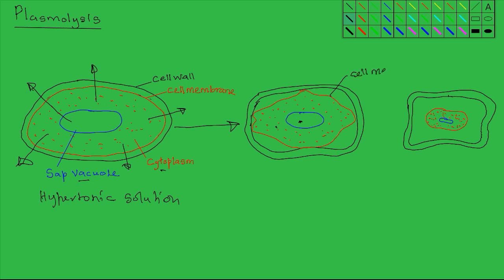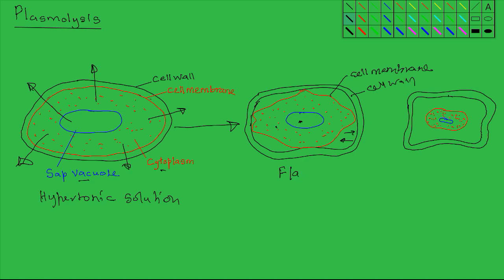So you talk about a flaccid cell, one that has lost its turgidity. As the shrinkage of the cell continues and the plasma membrane detaches from the cell wall, the cell becomes flaccid, or it's also said to be plasmolyzed. The cell is said to be plasmolyzed when it loses its turgidity.